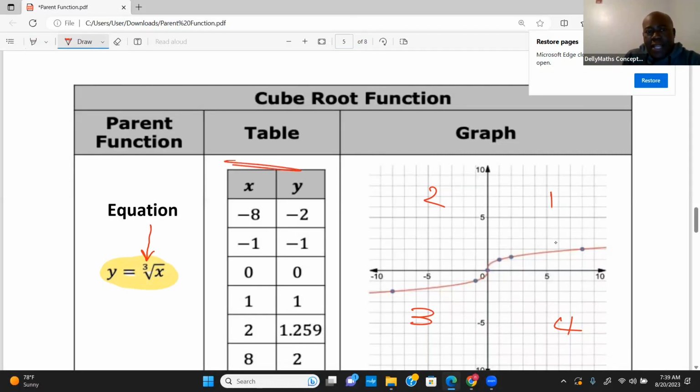If you look at the table of values here, if you find the cubic root of negative 8, it's negative 2. Cubic root of negative 1, it's negative 1. Of 0, it's 0. Of 1, it's 1. Cubic root of 2, and it goes on. So we're looking at the cubic root function, and this is what it looks like. It's shaped like an S.